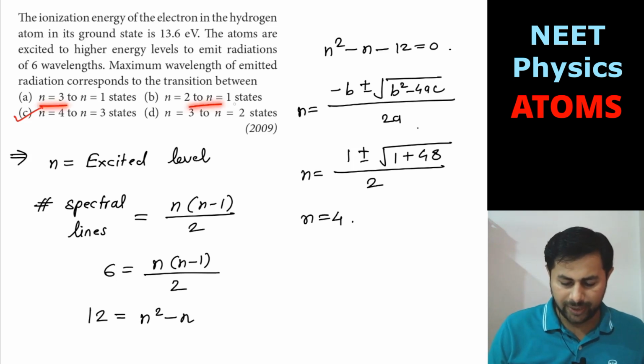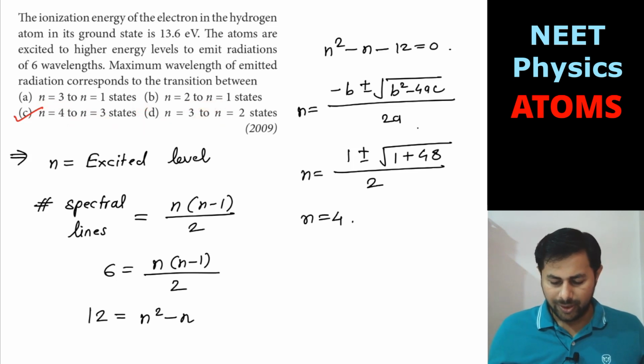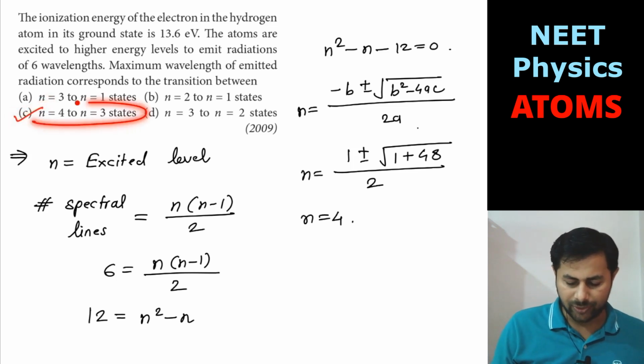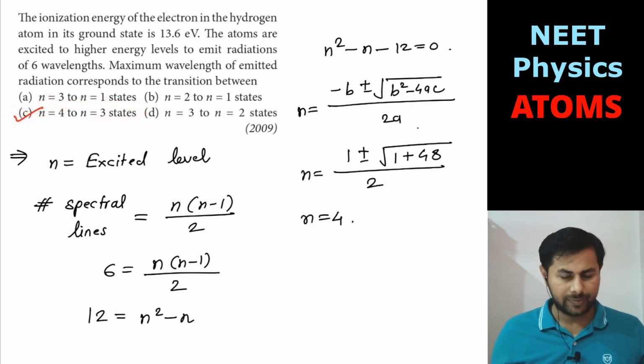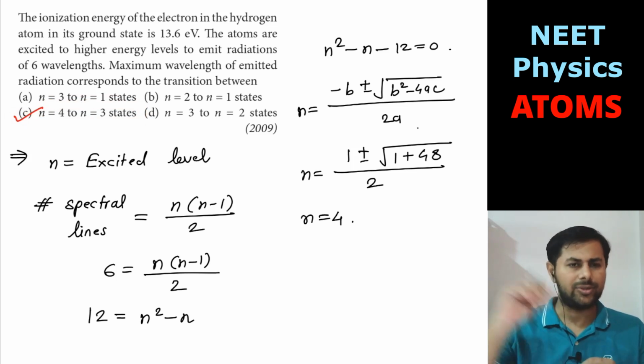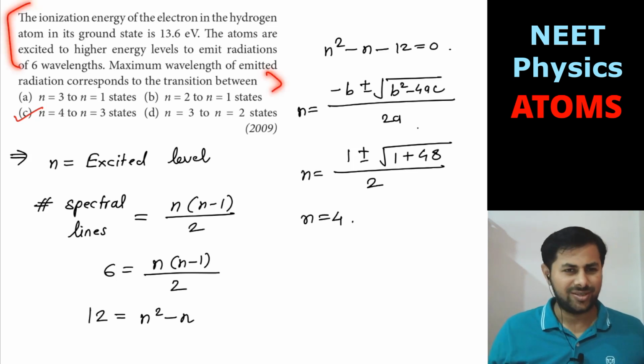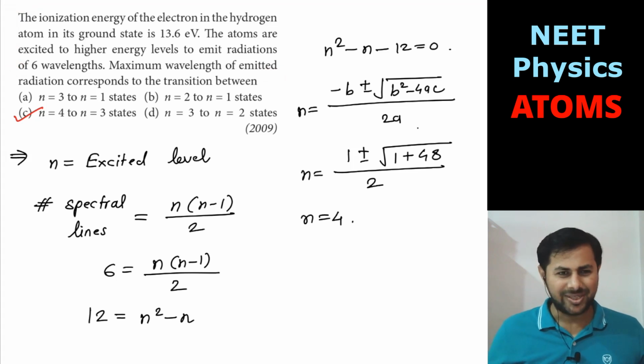Now looking at the options only, you can click this one, because the energy difference would be minimum for this for sure, right? But then you need to check whether your electron goes to that level. In this, the question setter is honest, we can say, because he's not giving any random options.